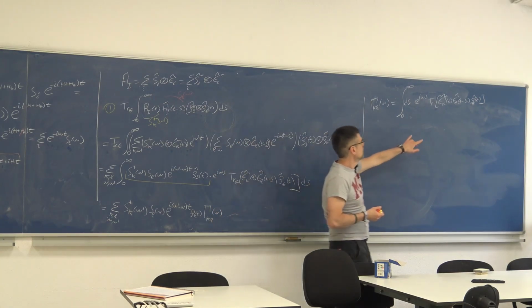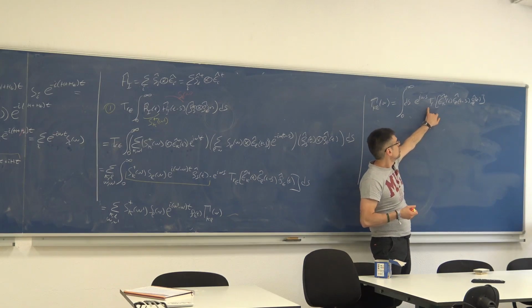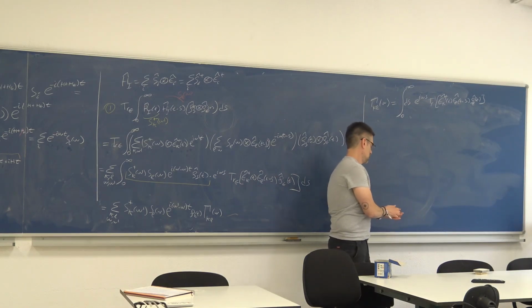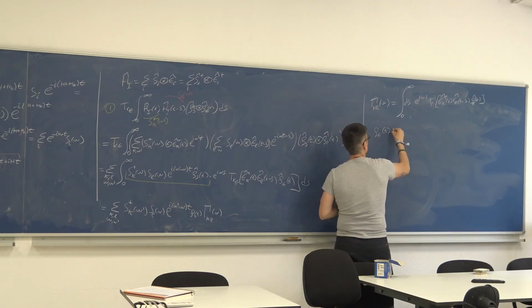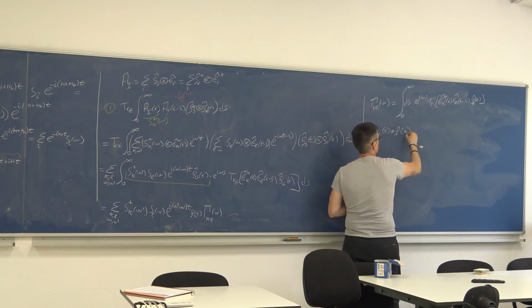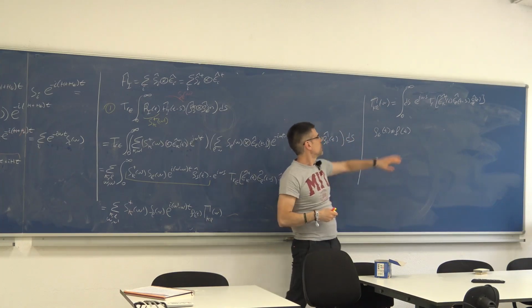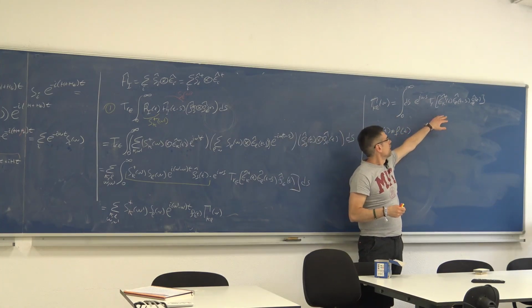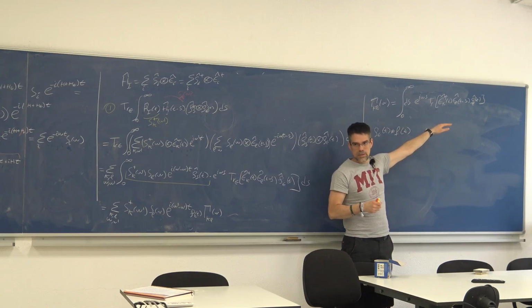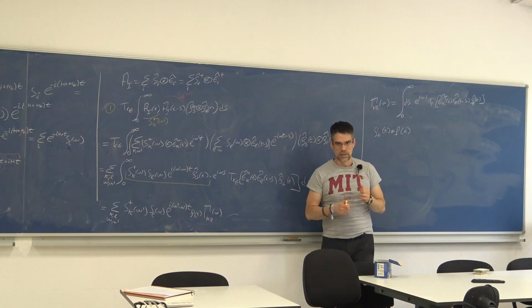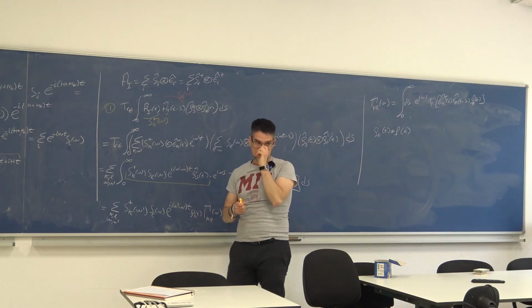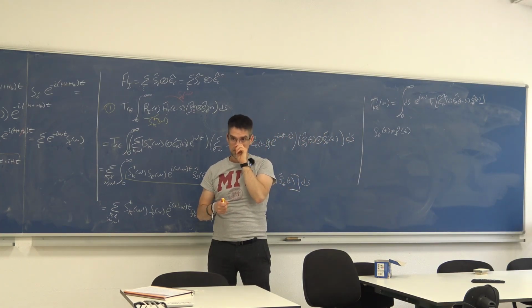So here is the Markovian approximation, but also if we assume that the state of the environment is not a function of time, then you have something that depends only on s, the variable that you are integrating, and these factors are constant with time. That is the usual approximation that we use in the Lindblad master equation.